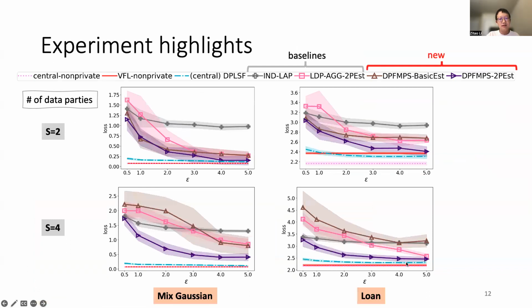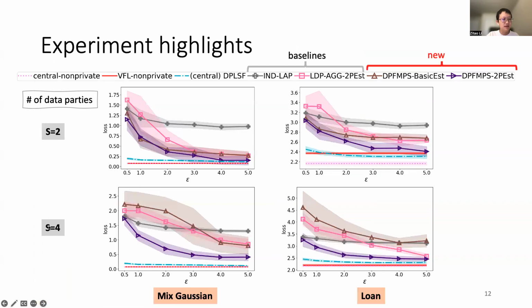We provide some empirical results of our algorithm in the paper. As shown in the figure, when there are 2 data parties, both of our proposed mechanisms, the basic two-party estimate and the heuristic two-party estimate, can outperform other vertical algorithms.